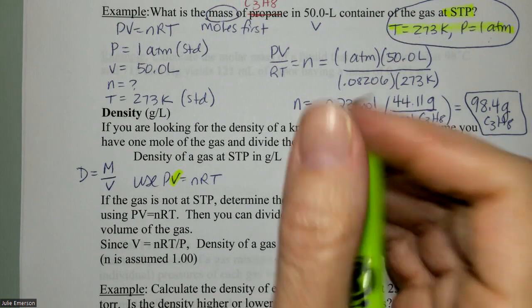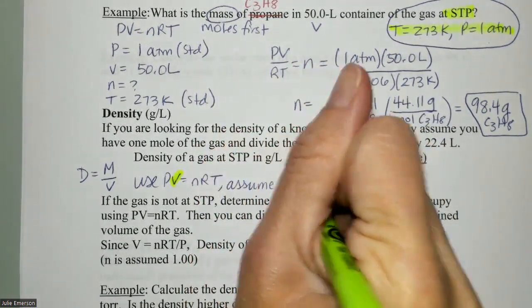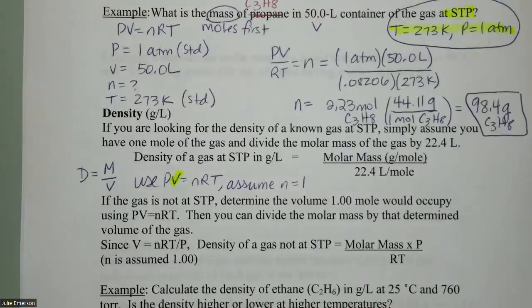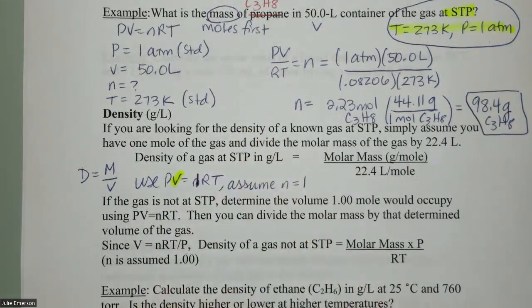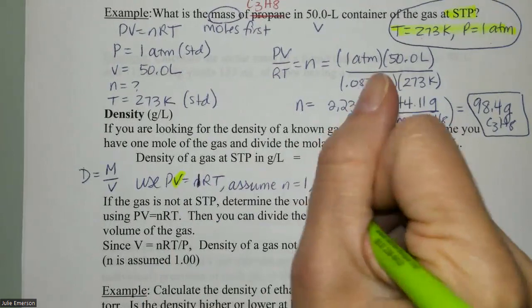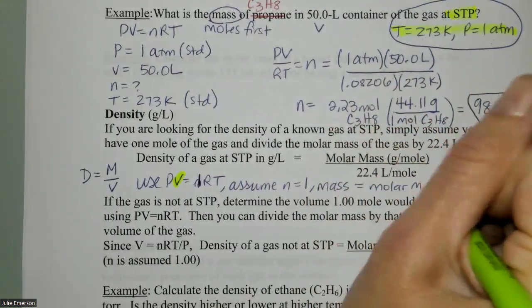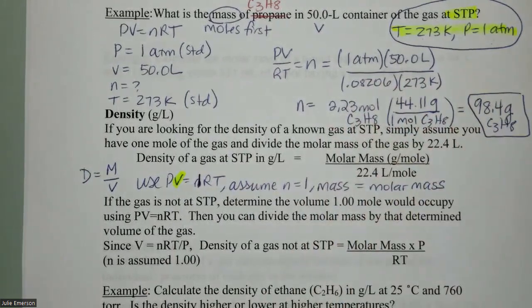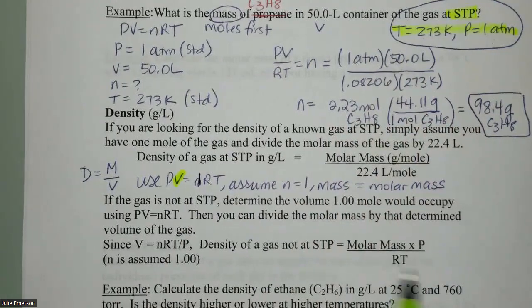What you do is for these questions, you assume that n is equal to 1. In other words, you have 1 mole of gas. So n is going to just become 1. And then what that means is the mass is going to be equal to the molar mass from the periodic table. So in the book, it's going to give you a whole new formula.